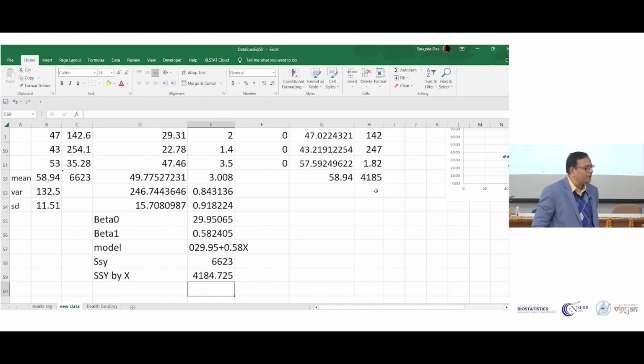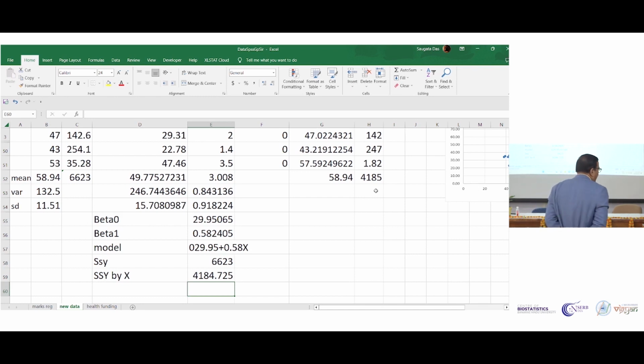A model is good in comparison to other model if it has larger R square in comparison to other. Yes, capital R square. Okay, fine.